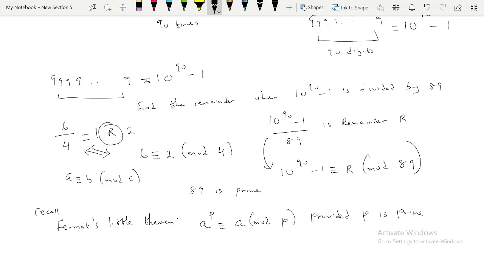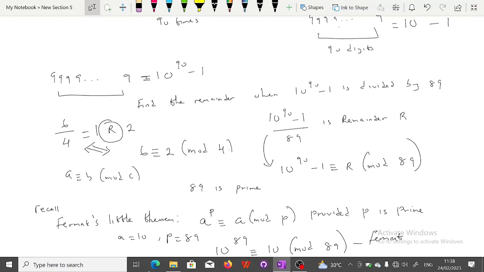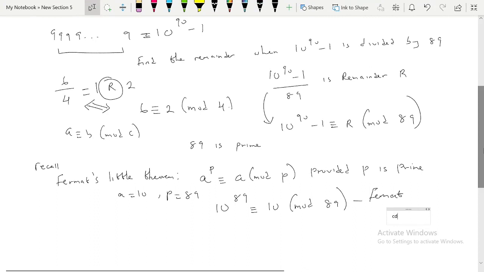So in this case, we can just set a as 10 and p as 89, and 89 is prime, so this means that 10 to the power 89 is congruent to 10 in mod 89, from Fermat's little theorem.